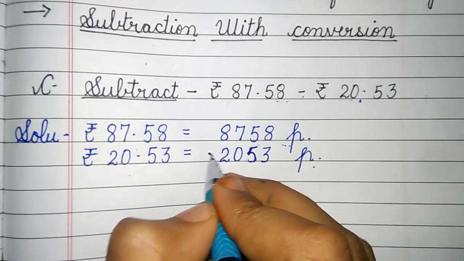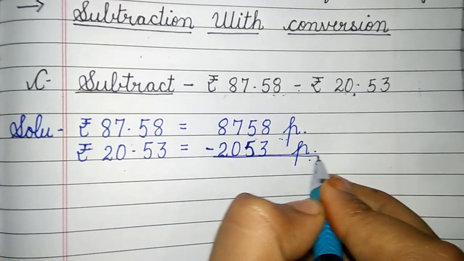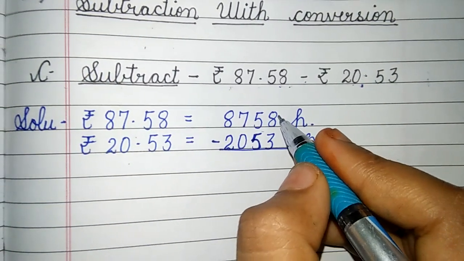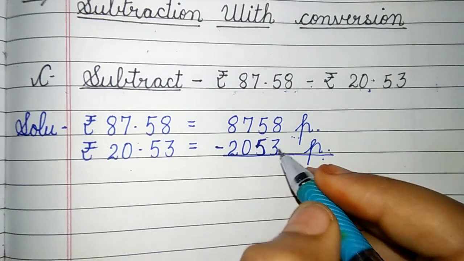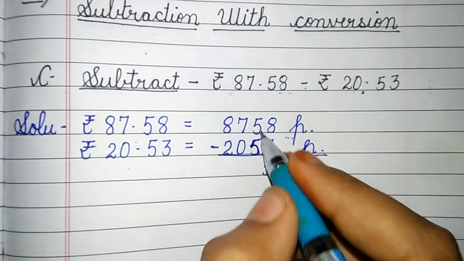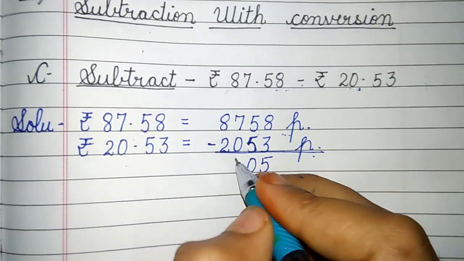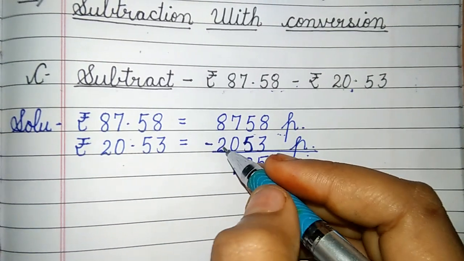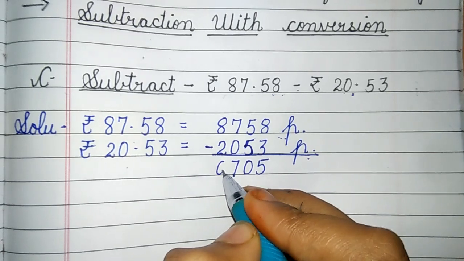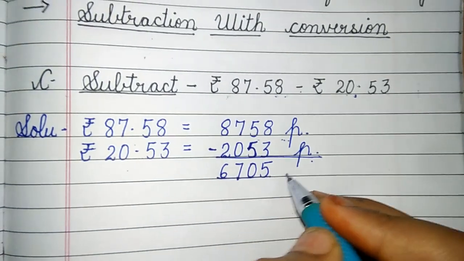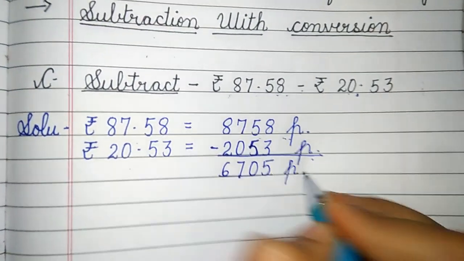Let's subtract. Now 8 minus 3 is 5. 5 minus 5 is 0. 7 minus 0 is 7. And 8 minus 2 is 6. 6,705 paise.